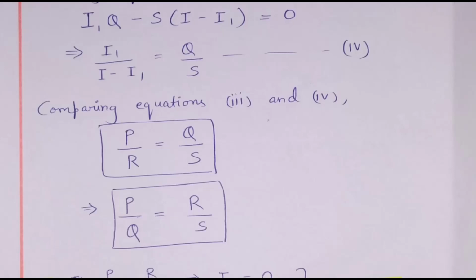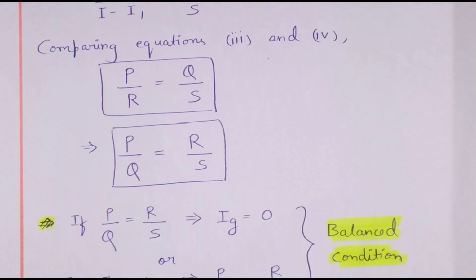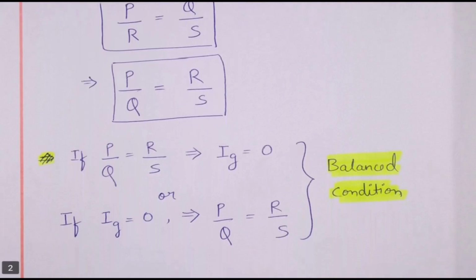That is, if P by Q is equal to R by S, then no current flows through the galvanometer. Or you can say it in the other way around, that is, if no current flows in the galvanometer, that means P by Q is equal to R by S. Alright, this is the balanced condition that we are talking about.